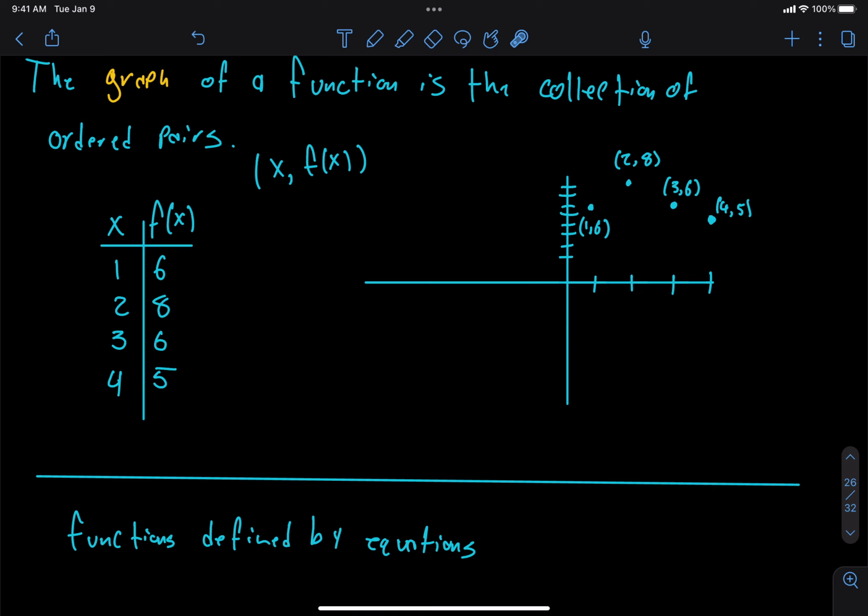Okay, so the graph of a function is the collection of ordered pairs x comma f of x, where x is in the domain.